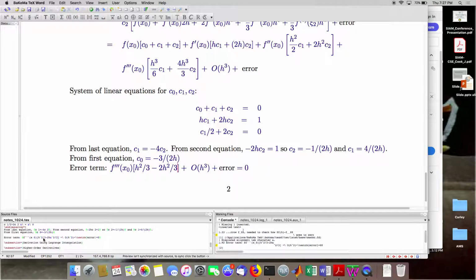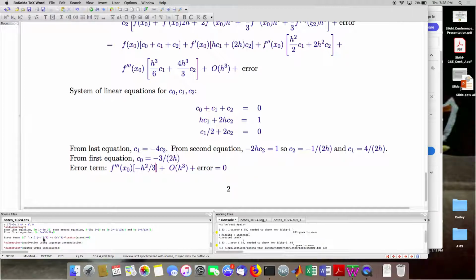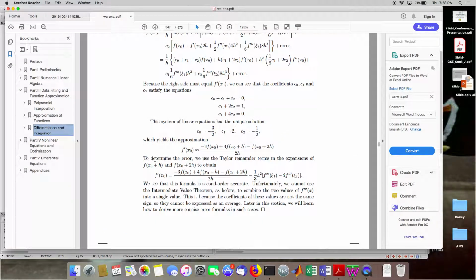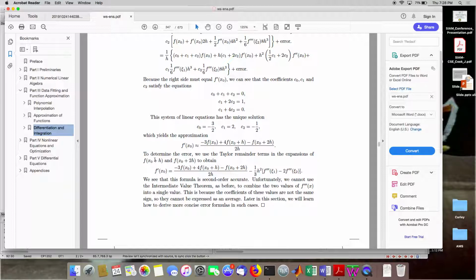Okay. All right, so now this simplifies to minus h squared over 3. And I want to check something here. Plus. Okay.